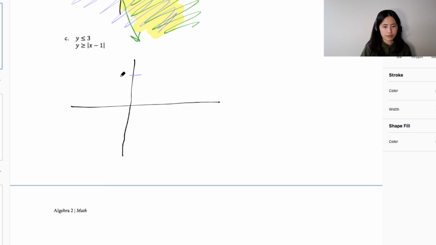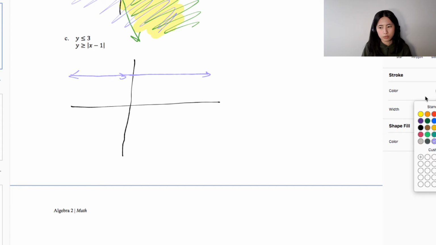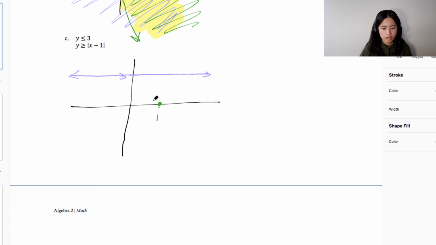Okay, let's graph 3 first. As you can see, it's a horizontal line. So that's y less than or equal to 3, and then we have this x minus 1, and we're taking the absolute value of that. So that's somewhere here. Okay, so that's how it should look.